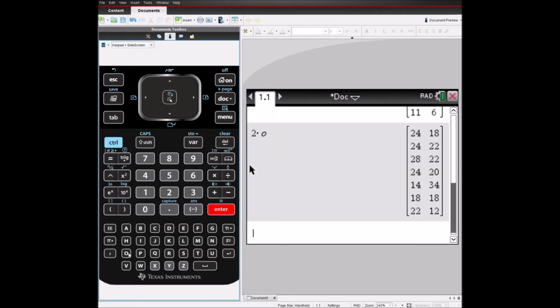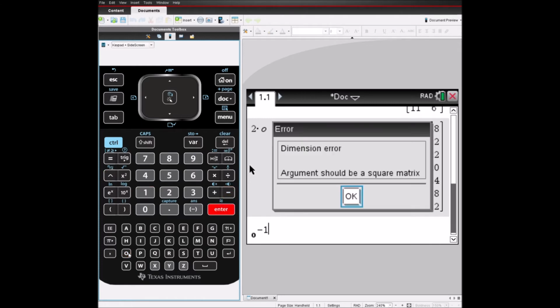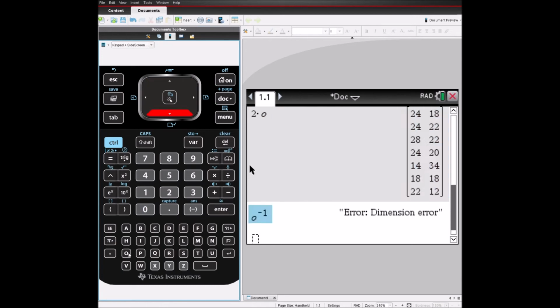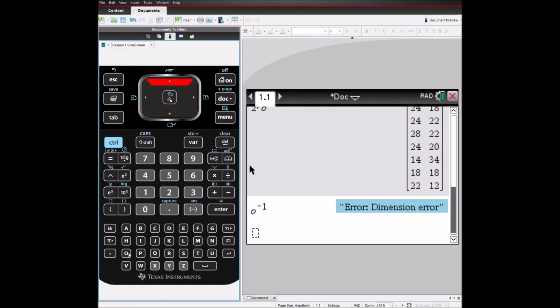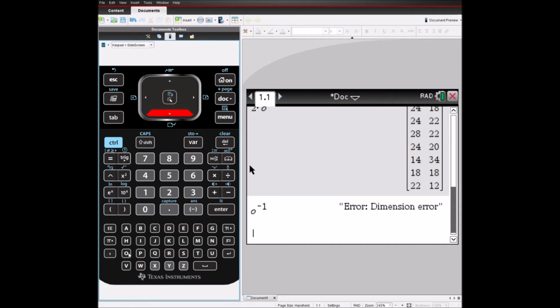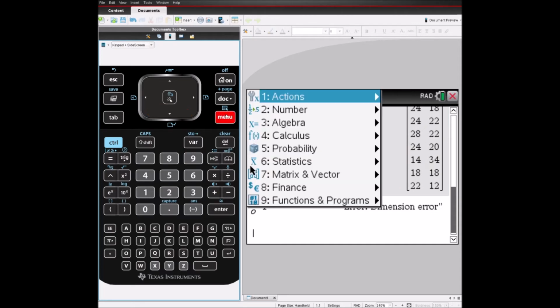Or let's say I wanted to find the inverse matrix for O. For those of you who remember your Algebra 2 or pre-calculus, there's a dimension error, and I can't do an inverse matrix for these types of matrices. This is because I completely forgot the mathematics of matrices. Matrices that are square have inverses, or possibly have inverses. So this had to have been a square matrix where the number of columns and rows were the same. So no, that was a total fail. But either way, we'll move on.